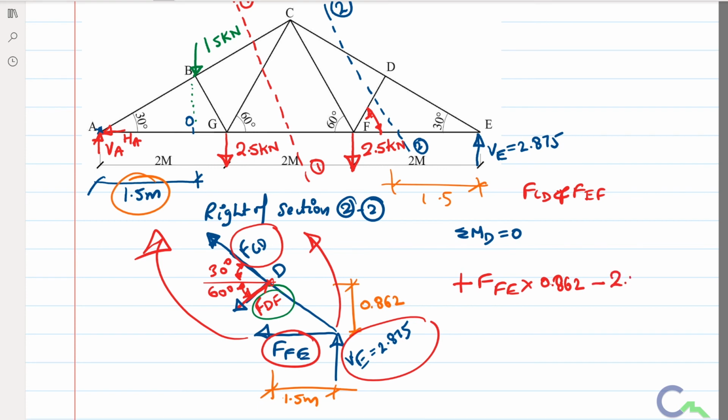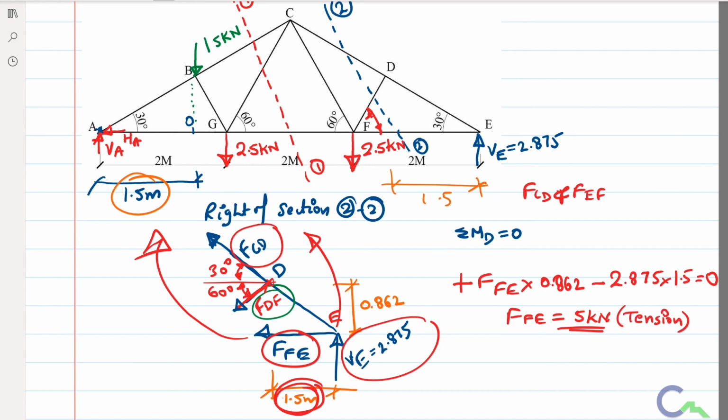VE is 2.875, and the perpendicular distance is 1.5 meter, from D to point E, so 1.5, equal to 0. So I get the value of FFE as 5 kilonewton. I got a positive answer, therefore the member is in tension.